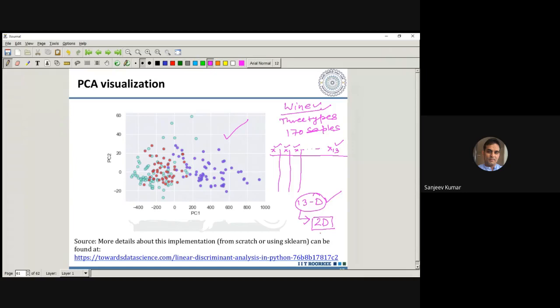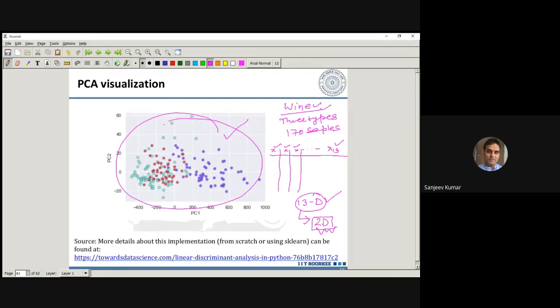But once you come to 2D, it becomes a very complex problem from the classification point of view. So what I want to say is that we cannot apply PCA blindly on our data. Sometimes it may reduce the dimension, but the problem in the lower dimensional space becomes more complex than it was in the original space.